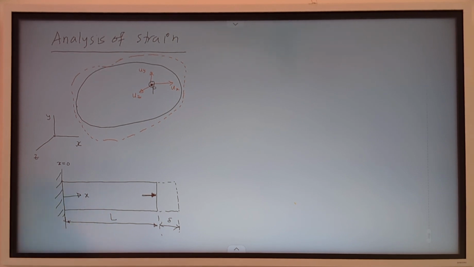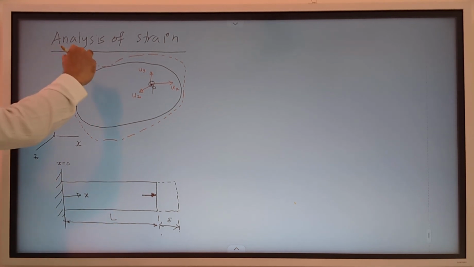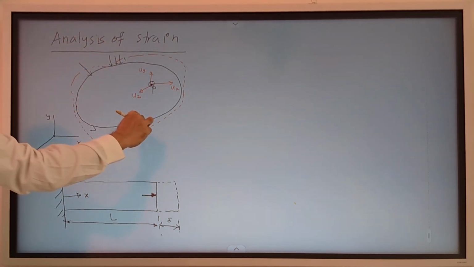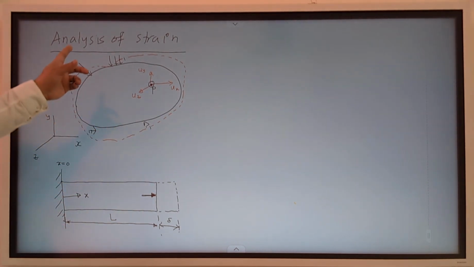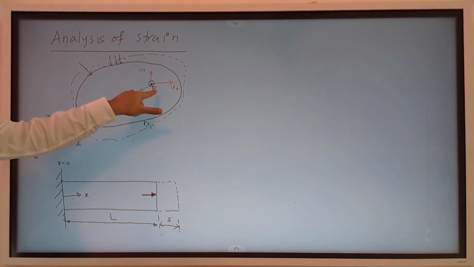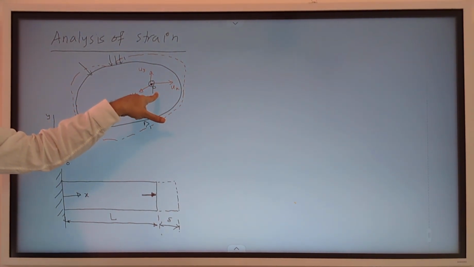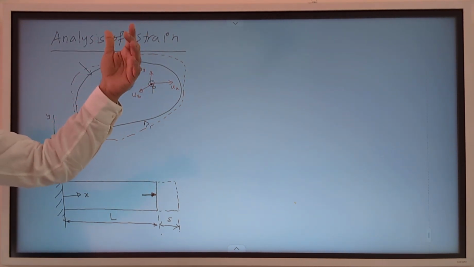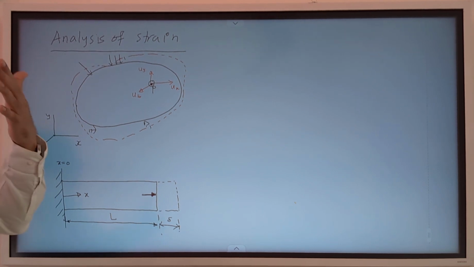So what we are looking at here is some body, and it is subjected to some kind of loading. Under the action of this loading, the body deforms and you get a deformed shape. Under deformation, each point of this body takes different positions. So any point P you consider here will have a displacement. For convenience of understanding, we always express the displacement in the coordinate axes.